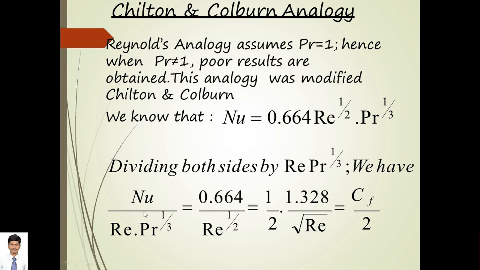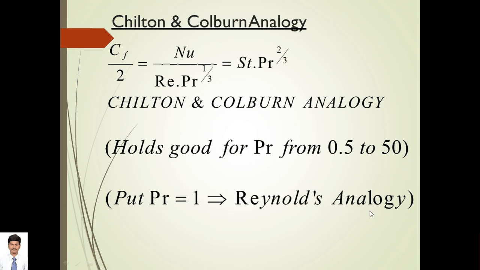So Nusselt number upon Re into Pr raised to 1 by 3 is equal to Cf by 2. This is the Chilton and Colburn analogy, which is further modified as Cf divided by 2 is equal to Stanton number into Prandtl number raised to 2 by 3. This is known as the Chilton and Colburn analogy, and this equation holds good for Prandtl number ranging from 0.5 to 50, and put Prandtl number equal to 1 for Reynolds analogy.